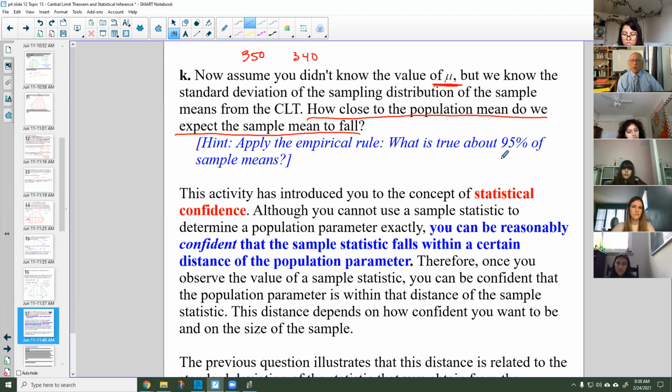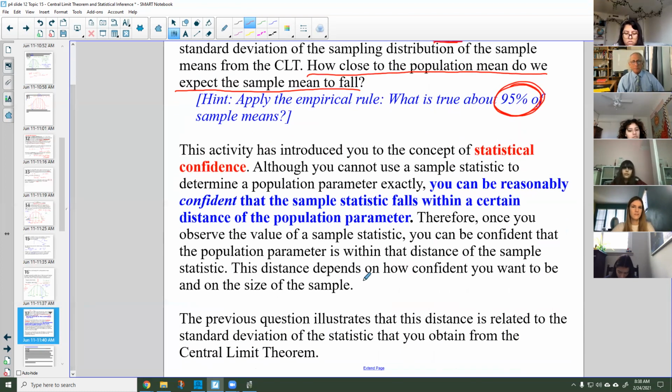And this is where we're going to the empirical rule, and we're going to 95%. So if I have a sample statistic that falls within a certain distance of what I'm assuming as the population parameter, then I can say I am confident that the population parameter is within that distance of the sample statistic.